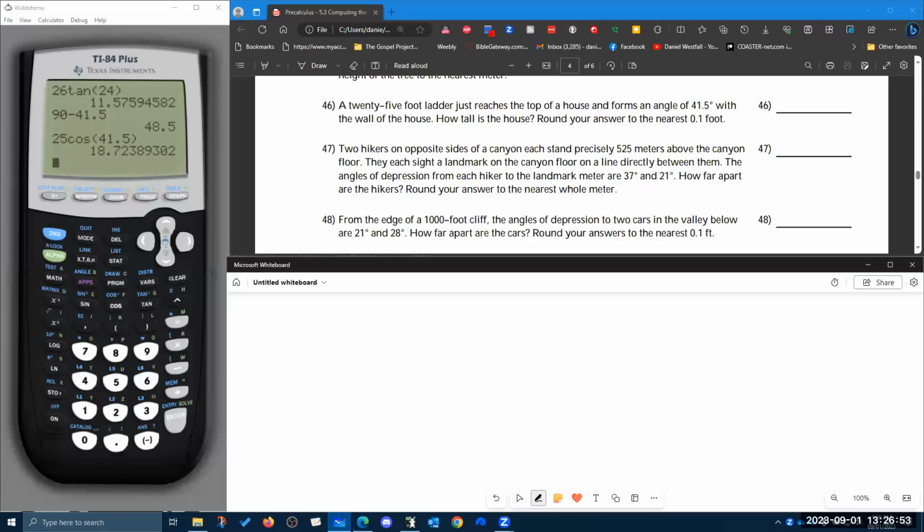So you pick a spot to look at out here, at the point there.